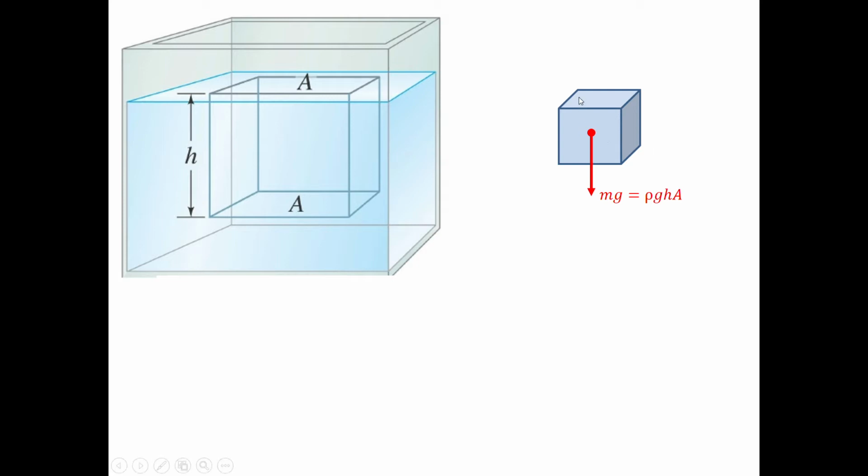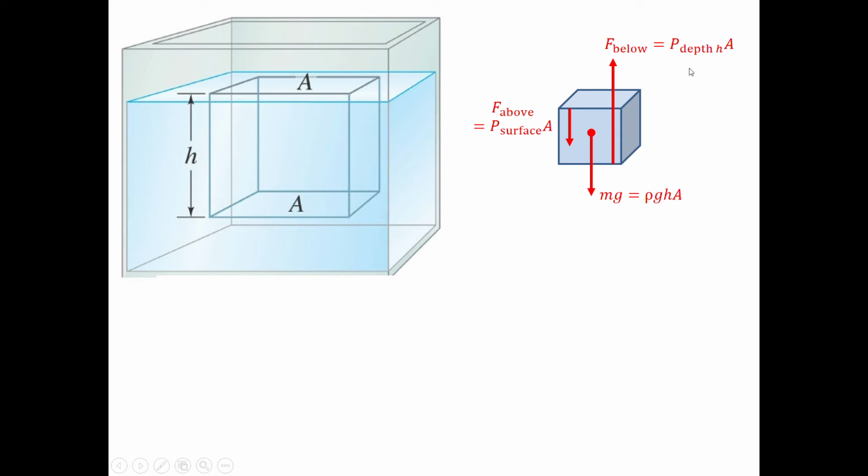I'm only going to draw the top and the bottom forces, right? The fluid is pushing down on the top and it's pushing up on the bottom. Let's start with the top. The force from the fluid above there is equal to the pressure at the upper surface times the area A, right? And the force on the lower surface.